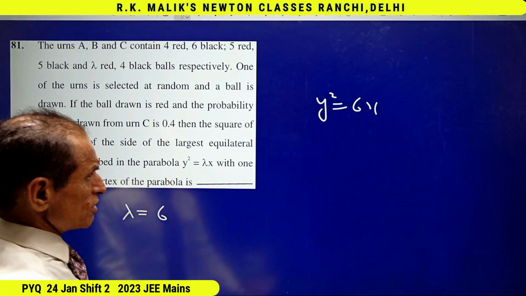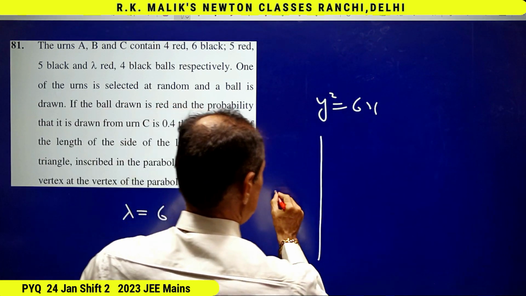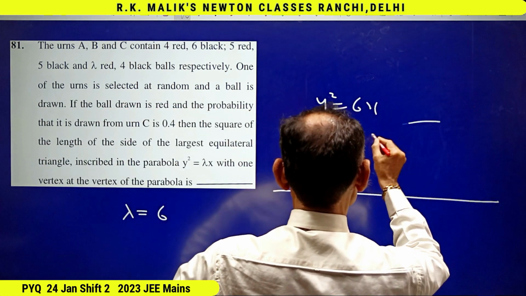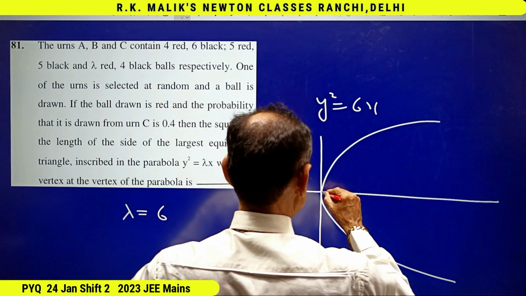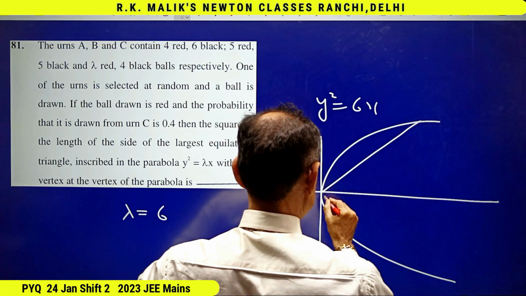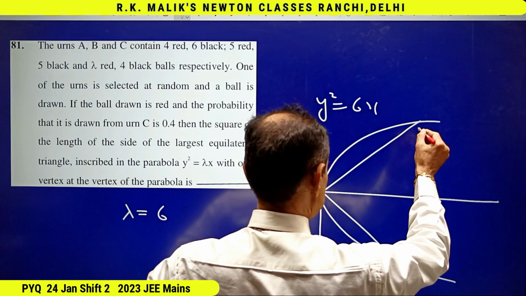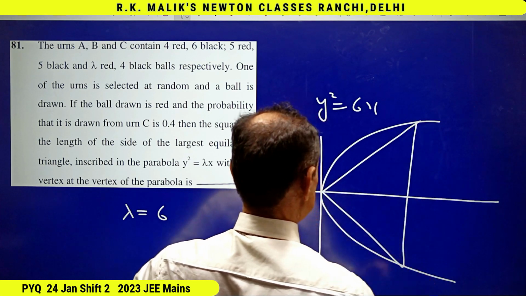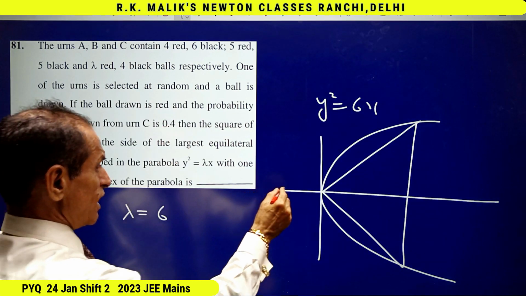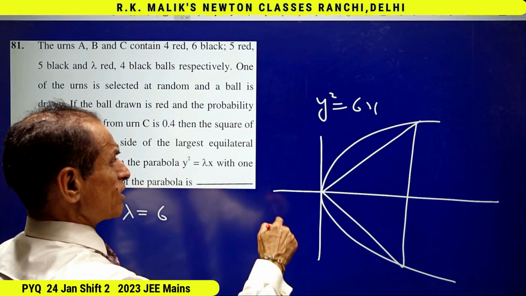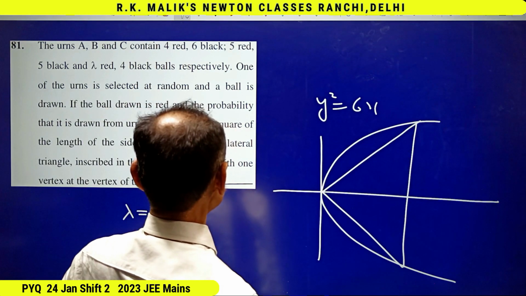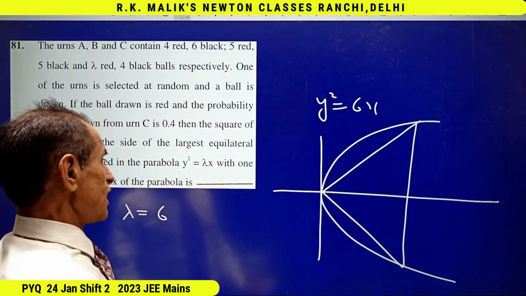And now according to the question, in the parabola y square equal to 6x, we have drawn an equilateral triangle with one vertex at the vertex of the parabola, and we have to find the largest equilateral triangle inscribed in the parabola.